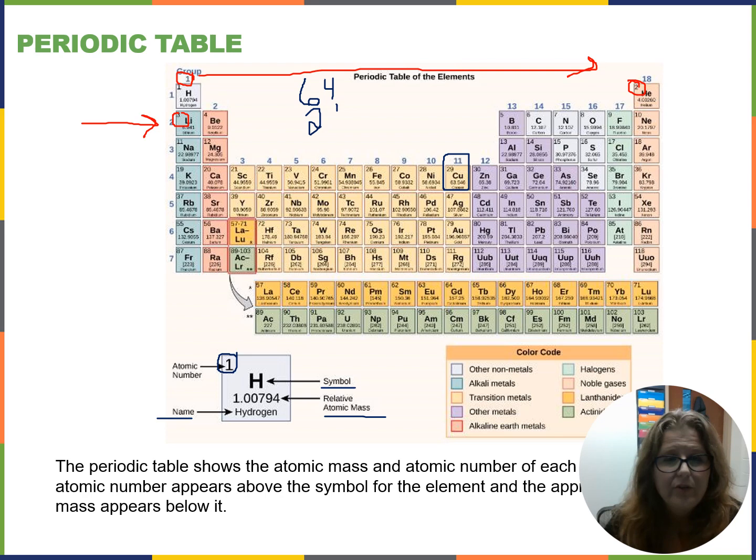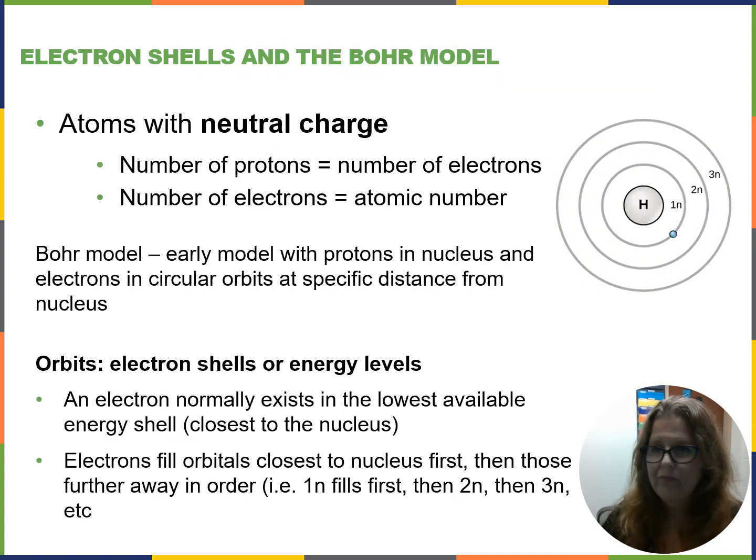Maybe some of you are a little bit faster than me. So for this one, there's 35 neutrons, if I did that right, if it's 64. It's kind of small, but hopefully you get the idea.